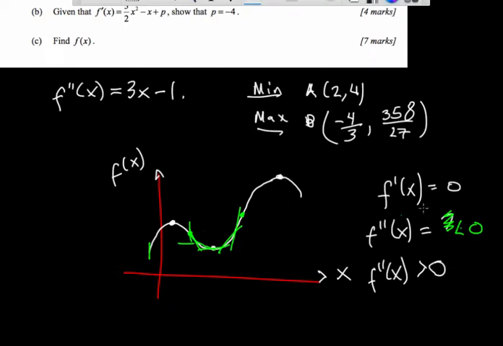And then here again it's getting more and more negative, so from here to here, the second derivative is smaller than 0 because it's getting more negative, more negative, 0, more negative.